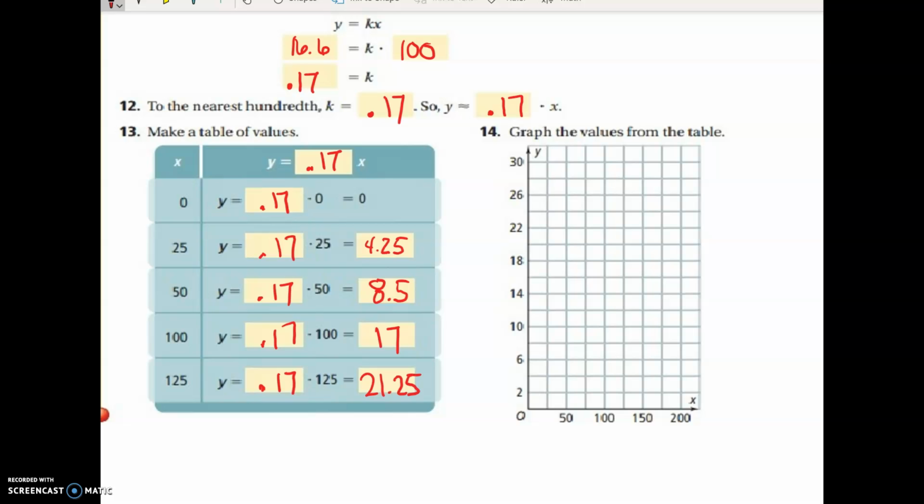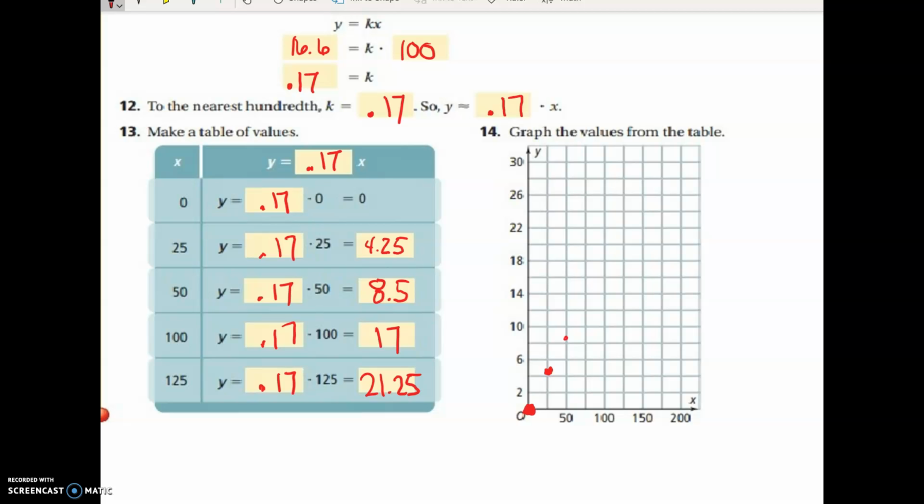And then, of course, we would graph our x value compared to our answer here, which would be our y value. So just kind of approximating where they go. We would start with 0, 0. Then our next value is 25 and 4.25. You just kind of estimate where that point would go. It's not going to be perfect. Then 50 and 8.5.